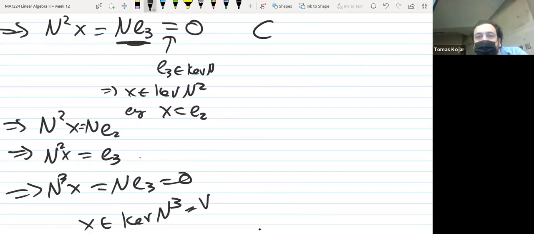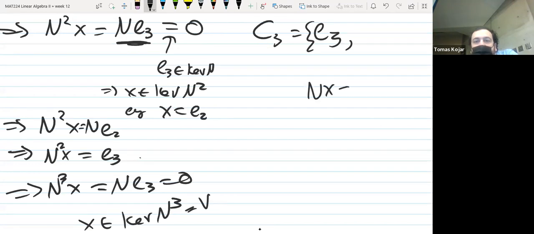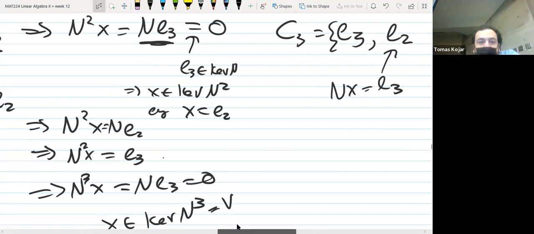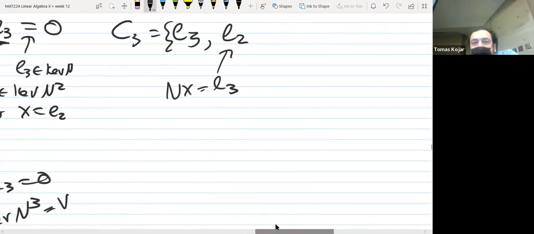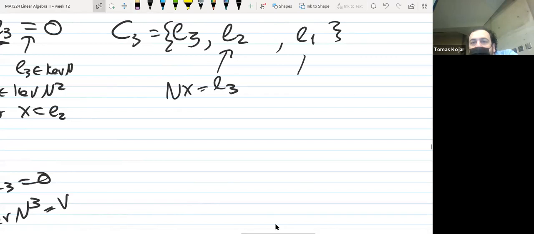It has 3 elements. So the first guy is E3. Then you computed Nx of E3, which gave you E2, right? And then you computed Nx of E2, which gave you E1. Right?